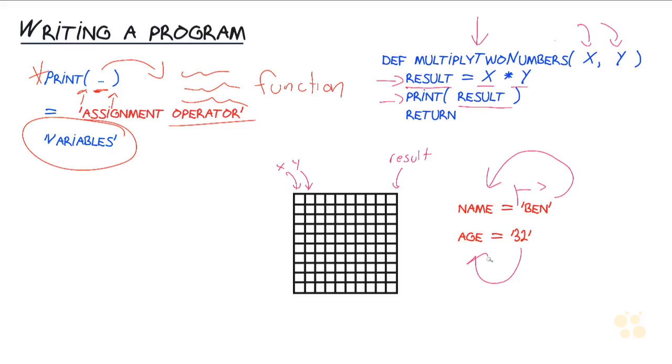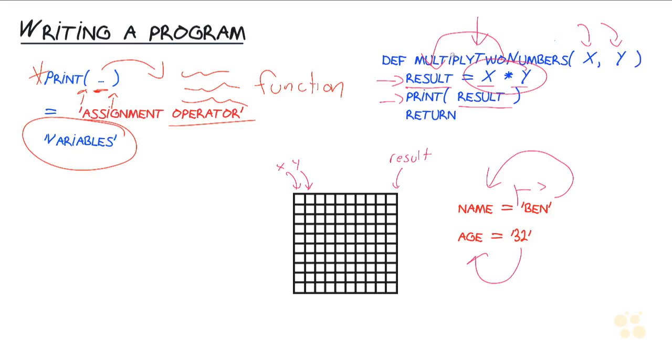You start with a variable name, then an equal sign, and then you have the values that you want to store in that variable. And it doesn't have to be a single value like we did above here. You can have some kind of operation running like x times y, and that resulting value gets stored inside the variable on the left of the equal sign.